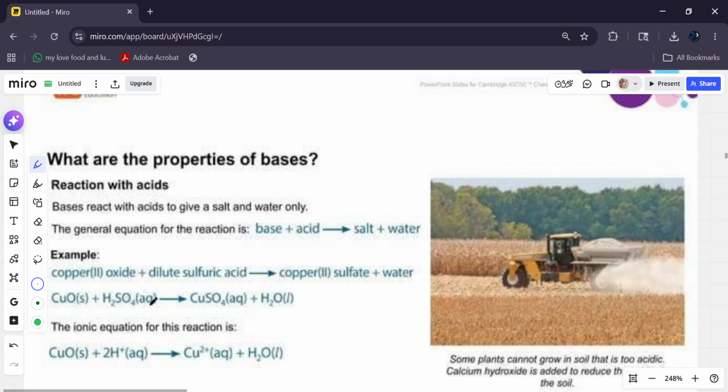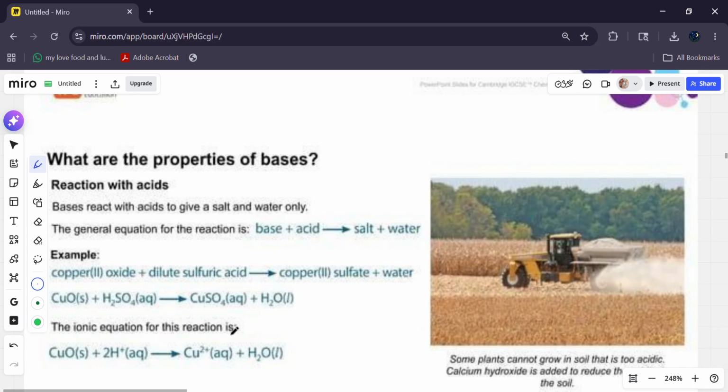Now obviously, you could tell that the hydrogen takes oxygen from the copper to produce water, while the sulfate mixes in with the copper to produce copper 2 sulfate. The copper 2 sulfate is the salt in this reaction.